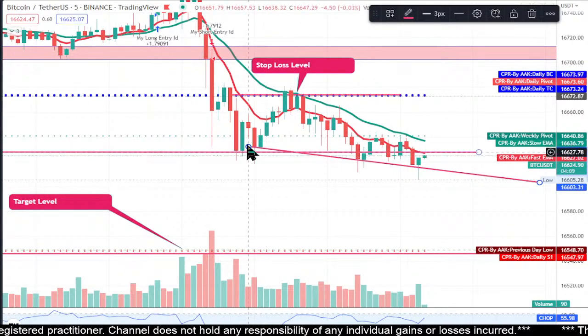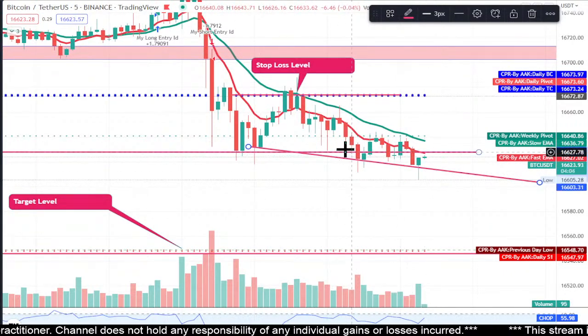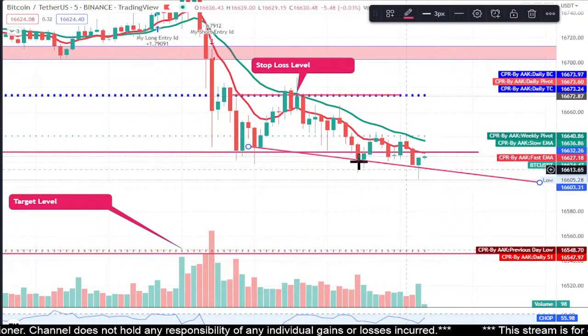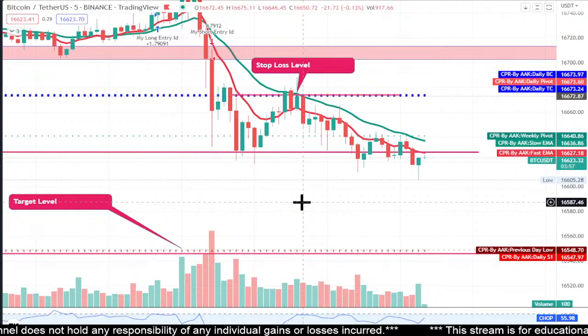If this was the low, then this low was lower than the previous low, and this low is even lower than the previous two lows. So it is creating lower lows right now, which is a clear indication that the price is going down towards the target we have set, the previous day low. However, because the movement is pretty slow and gradual, it is taking a little time and is expected to take some more time. So no worries, we'll sit and we'll wait.